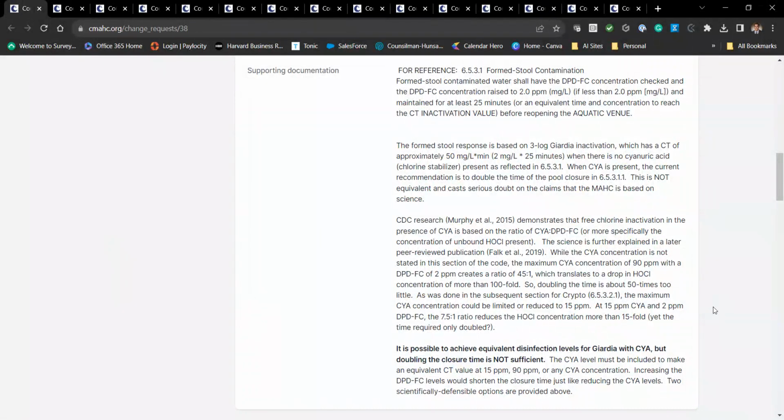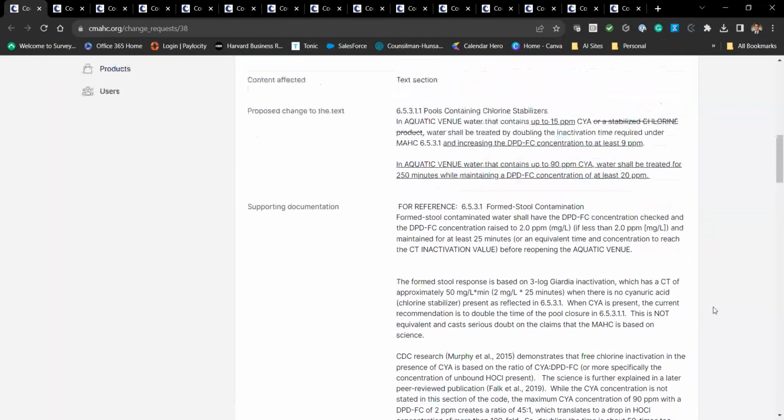Up to 15 parts per million, you can do hyperchlorination, but actually above 15, you have to drain the pool till you get down to 15. With Giardia, however, you can actually increase the concentrations and times until you get up to a scientifically equivalent value. So that's where the 15 came from. It's just kind of paralleling what the CDC wrote for crypto.